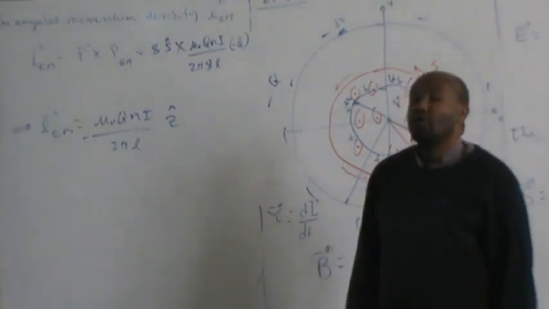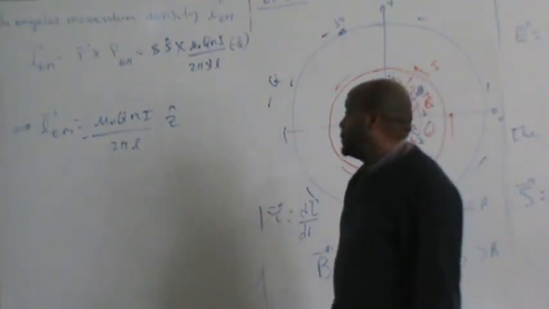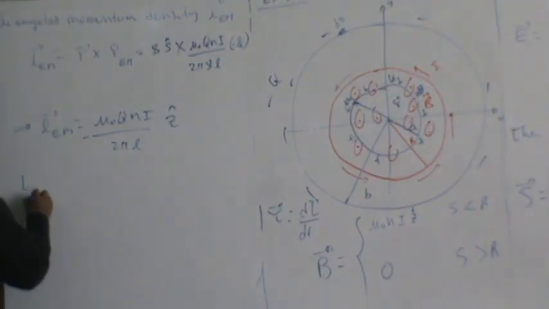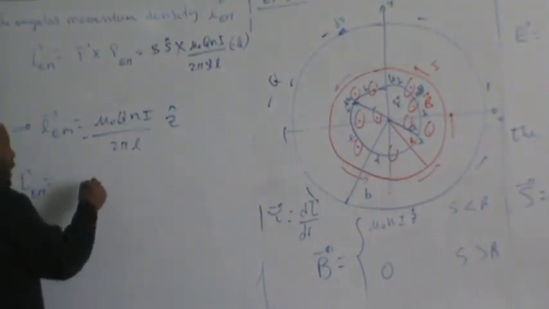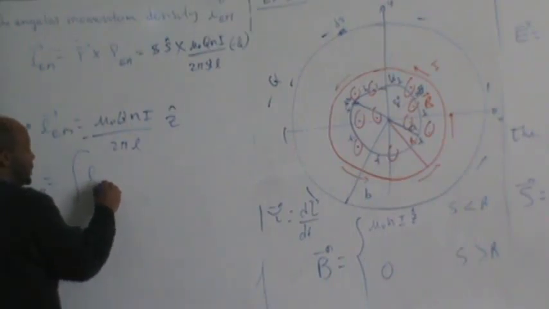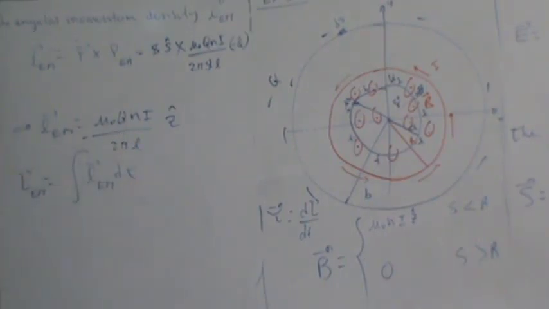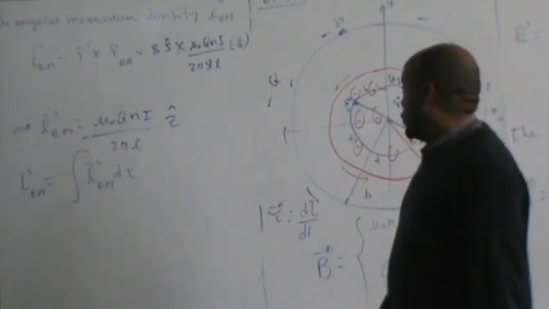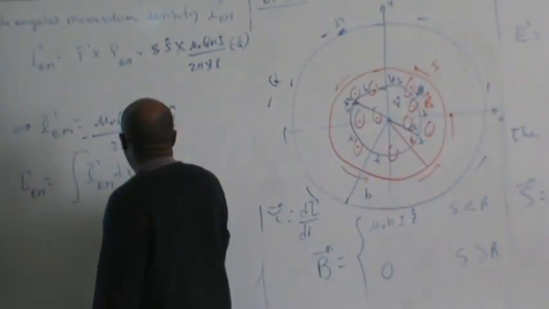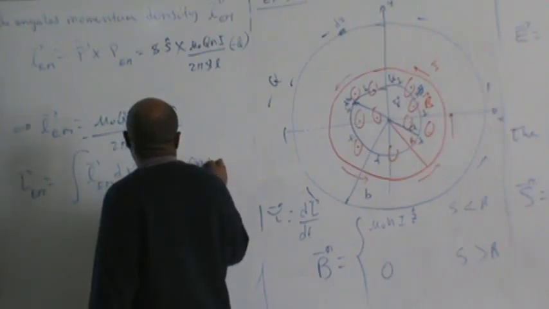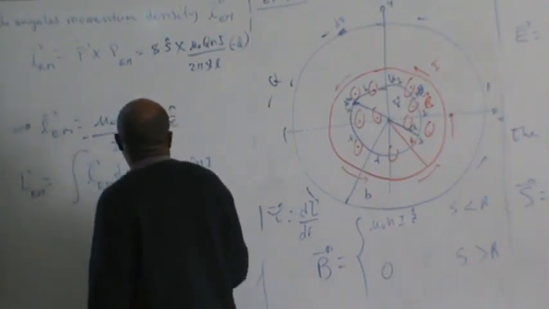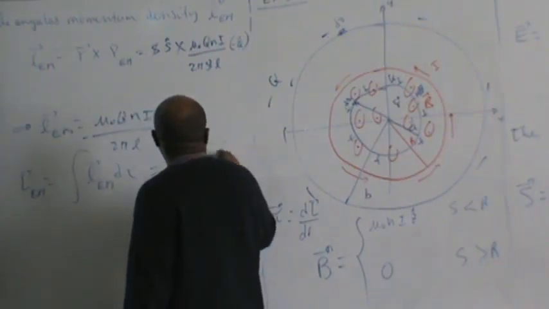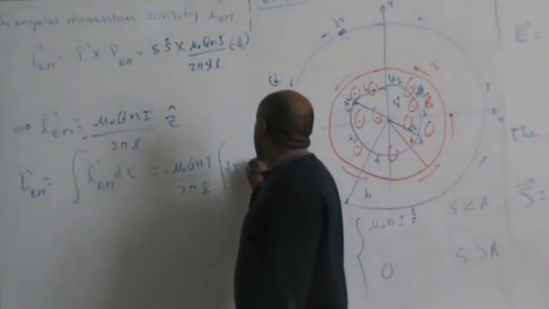Then what's going to be the total angular momentum? So for L_EM, all you have to do is integrate the density over the volume, right? So this should be minus mu naught Q N I over 2 pi L, times the integral of d tau z hat, right?